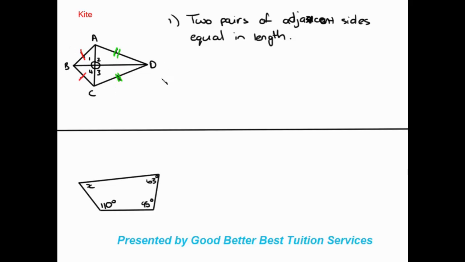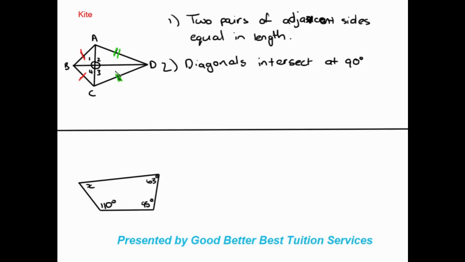So now that we know that, we can go on to the next point, which is that diagonals intersect at 90 degrees. So you can see this is different. These diagonals intersect each other. They do not bisect.